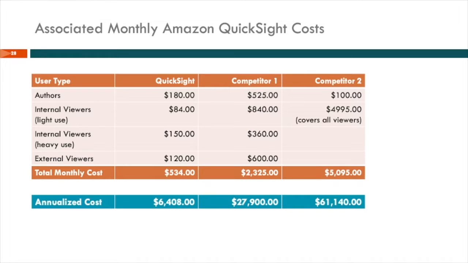Annualized, you're looking at $6,500 for Quicksight versus $28,000 and $61,000 a year. Again, a significant budget difference. Now I'll say, the competitors can do some things that Quicksight doesn't, so you have to ask, what do you need, right? But what we're finding is more and more people for general use, Quicksight's going to meet their needs.